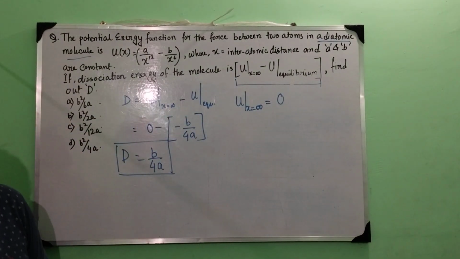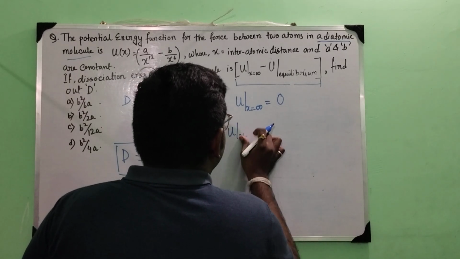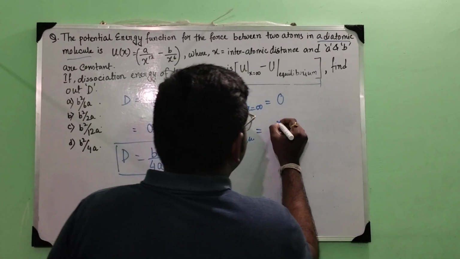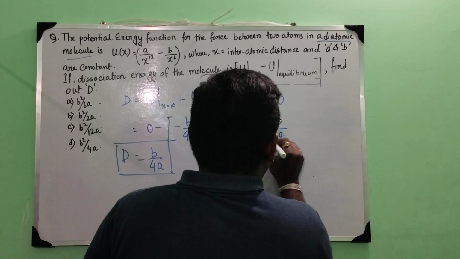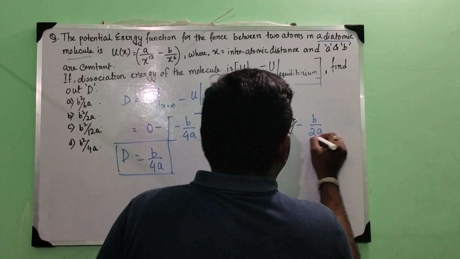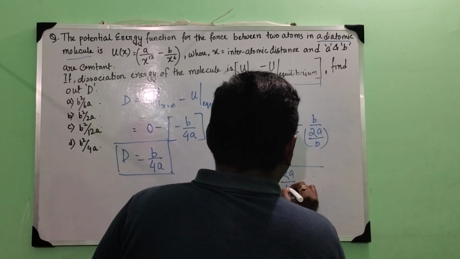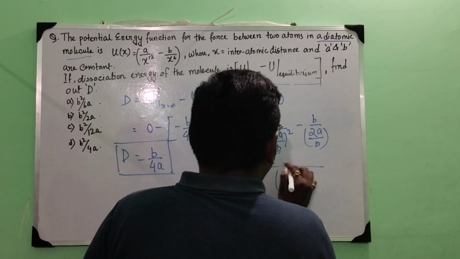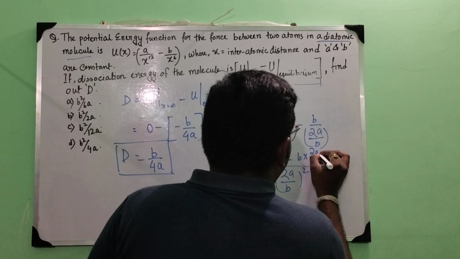What was the mistake? We got u at equilibrium as a by (2a by b) whole square minus b by 2a by b. If we take the LCM, (2a by b) whole square, a minus b into 2a by b.